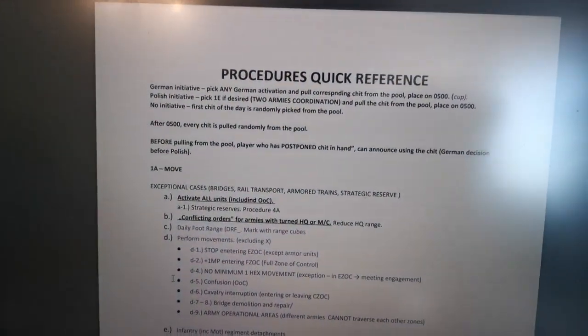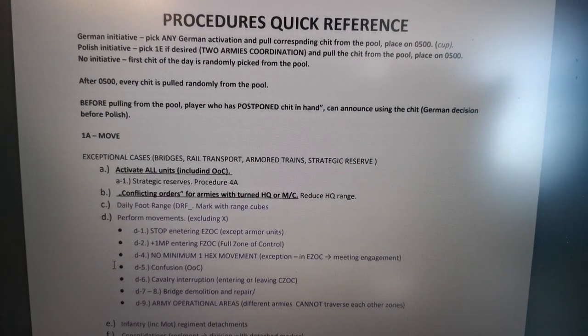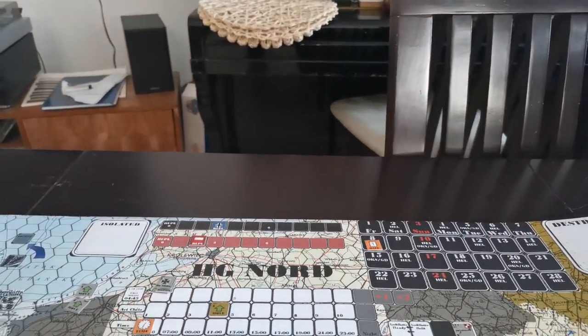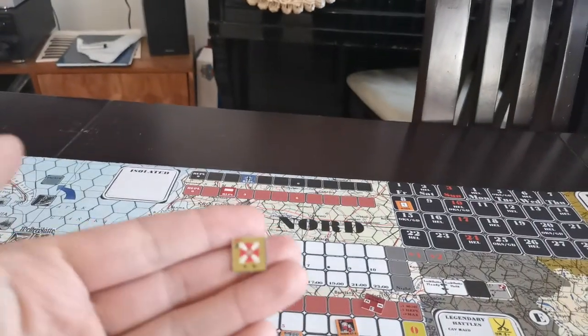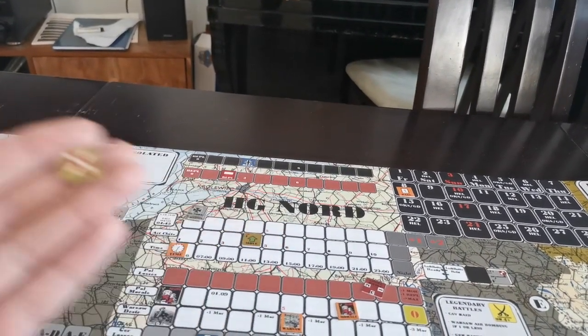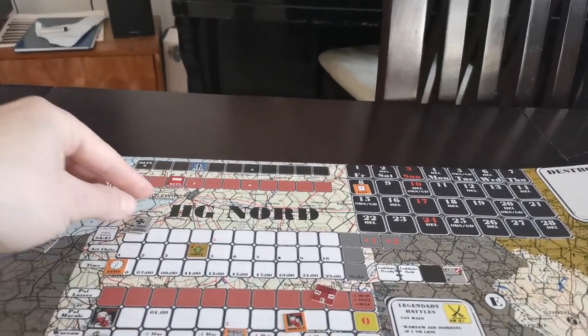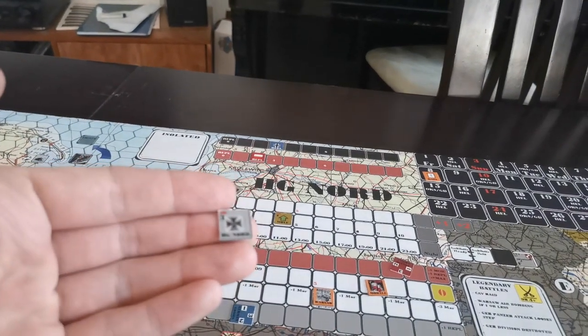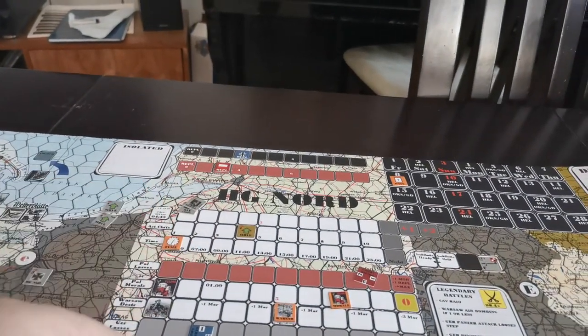In the case of turned HQ, this means that if you get a smaller activation, like for example a one-army activation for the Polish side, or the mentioned Heeresgruppe Nord, which is also a one-army activation.